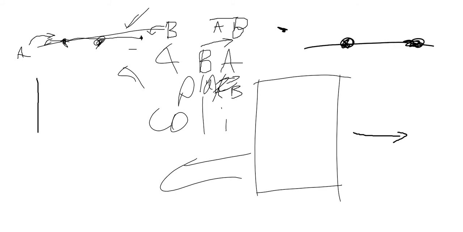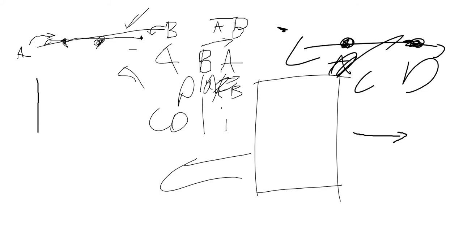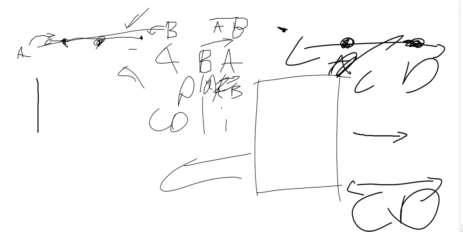If this goes on forever in both directions, this would be called a line. Let's label this. Now I'll use different letters, C and D. To refer to this, you put this. It doesn't have to be this big, but you do that.